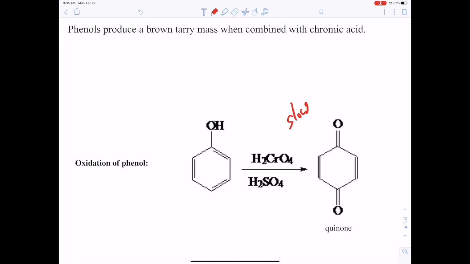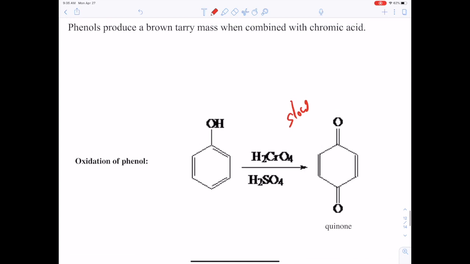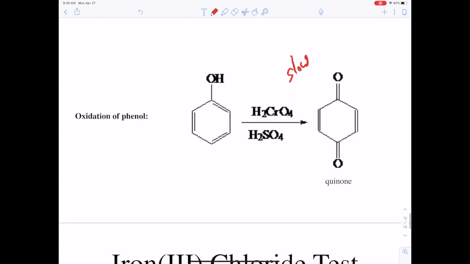And while this occurs, you start to see the product of the organic being oxidized. There's still a lot of chromium 6 around, masking the new chromium 3 that's forming. So you don't really see the bluish green color unless it sits around for a long time, and then the chromium 6 finally starts to get used up.